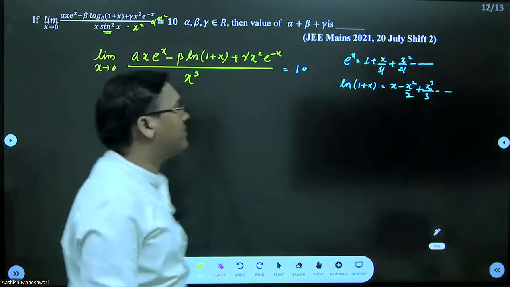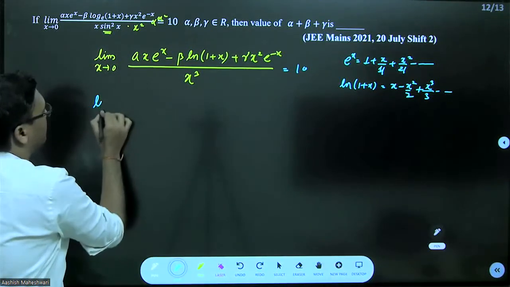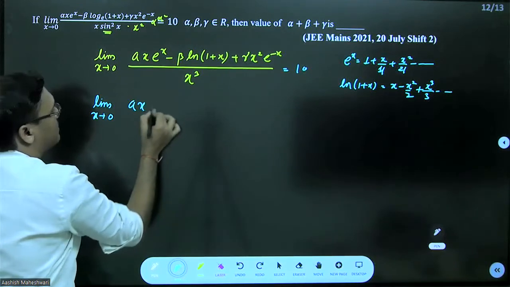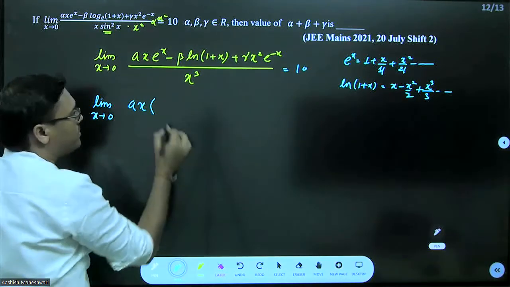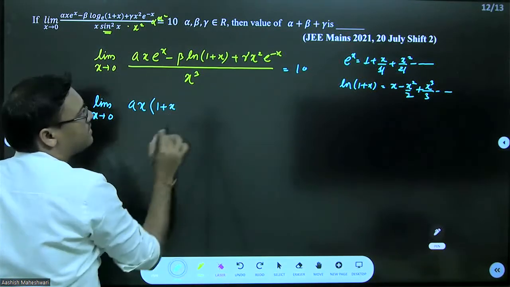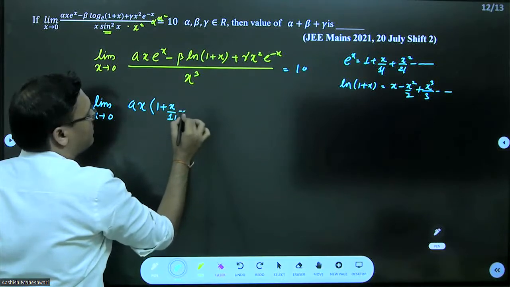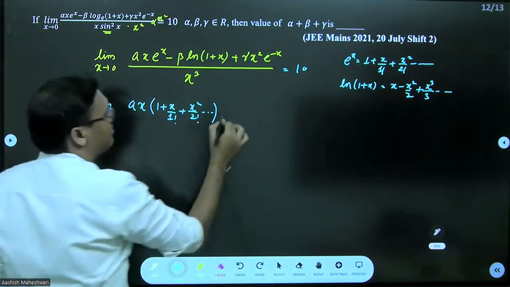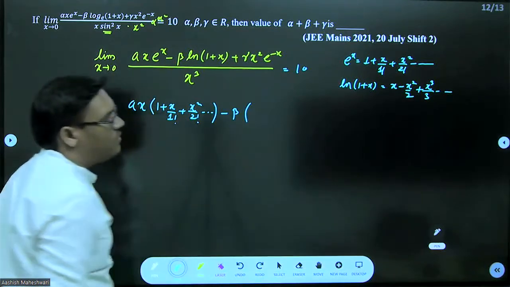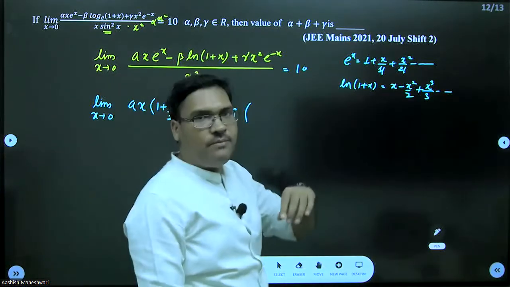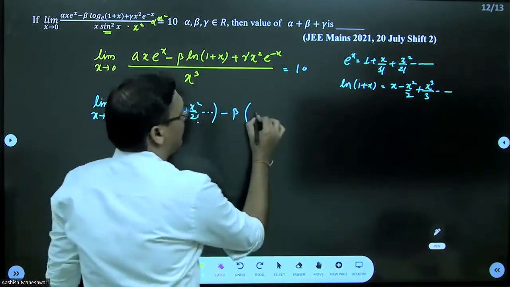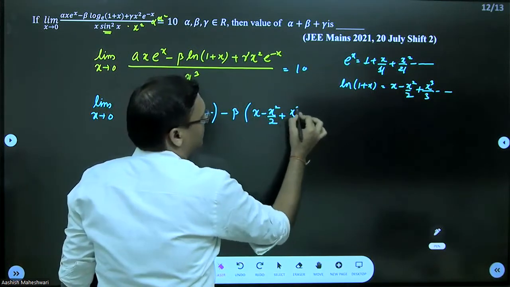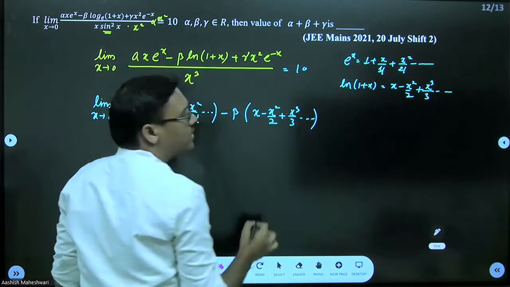So now see, if I substitute this, this is limit x approaches 0. This is alpha x, expansion of e raised to x, we know this is 1 plus x upon 1 factorial, x square upon 2 factorial, and so on, minus beta. What is the expansion of ln 1 plus x? This is x minus x square upon 2, x cube by 3, and so on, right?